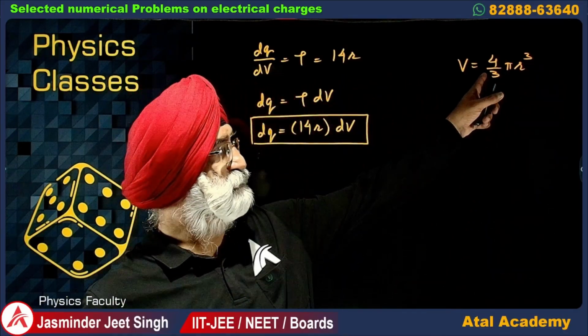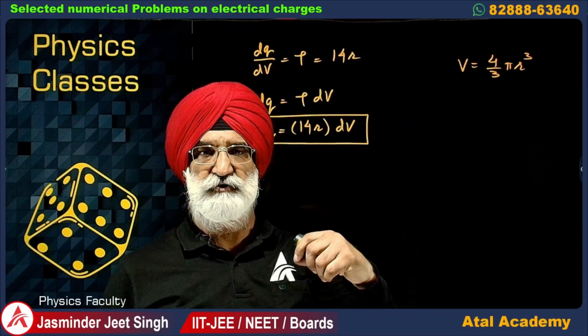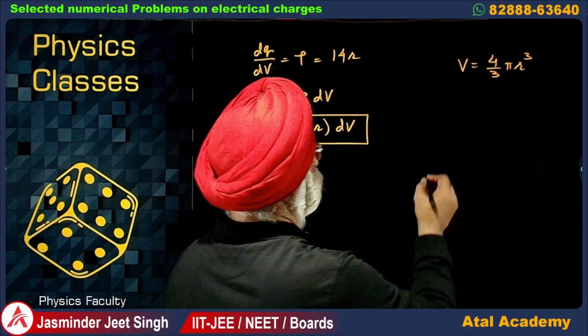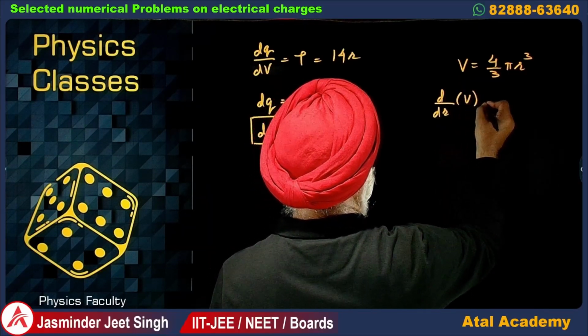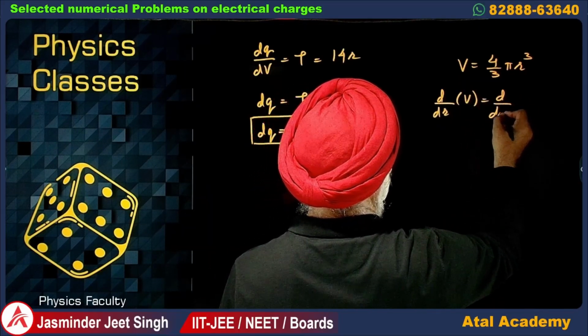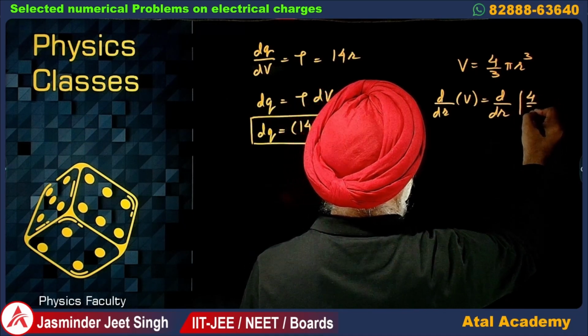If we differentiate this equation with respect to radius on both sides, we get d upon dr of v and d upon dr of 4 upon 3 pi r cube.